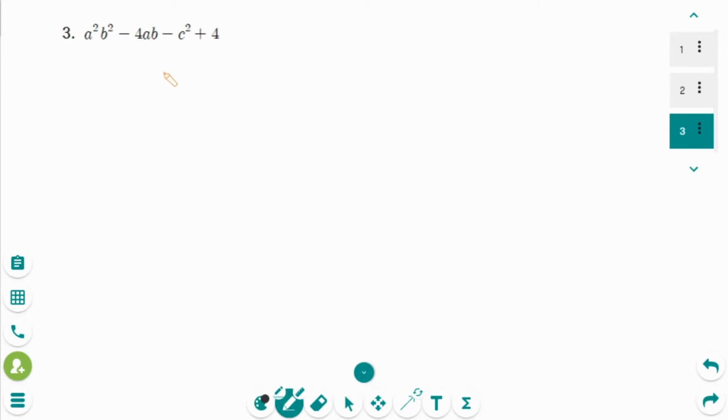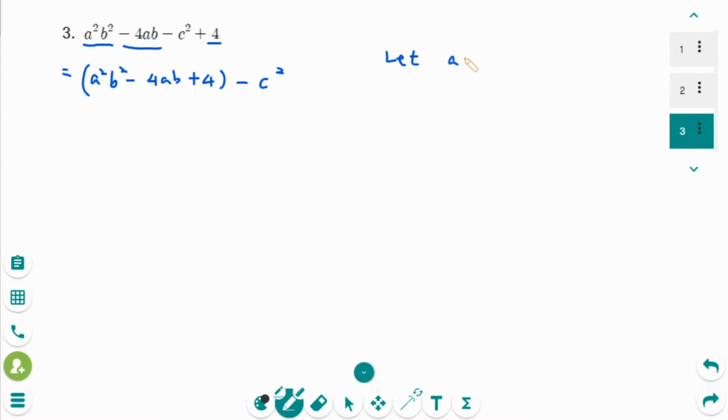This is the next question. Group the perfect square trinomial first, which is a squared b squared minus 4ab plus 4. So a squared b squared minus 4ab plus 4, then minus c squared. Use the substitution.